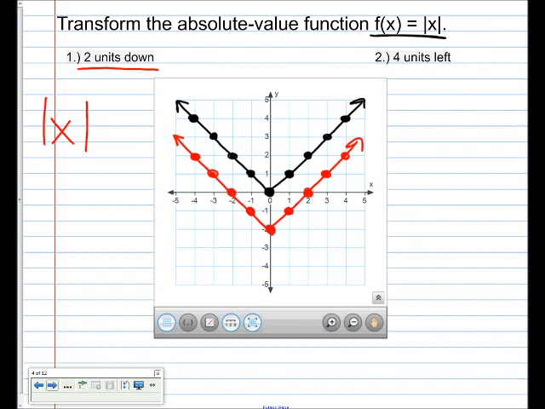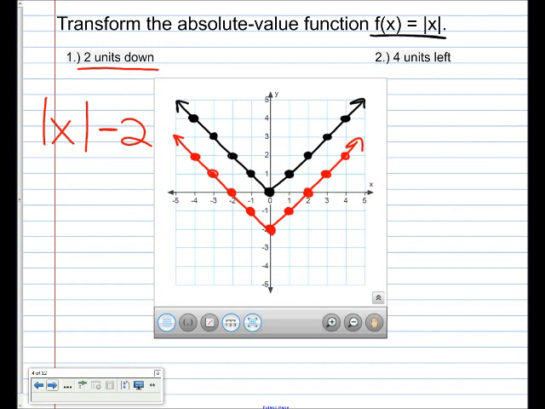Very good. Minus 2. Because it says to take that absolute value of x and do what with it? Move it 2 units down. Okay? That's it. So if it's vertical, then it's going to be after the absolute value.